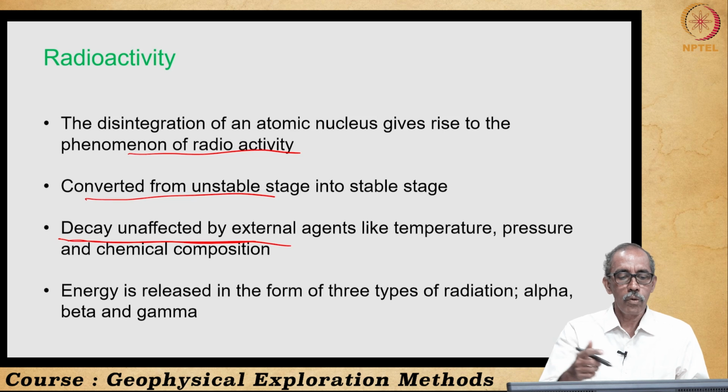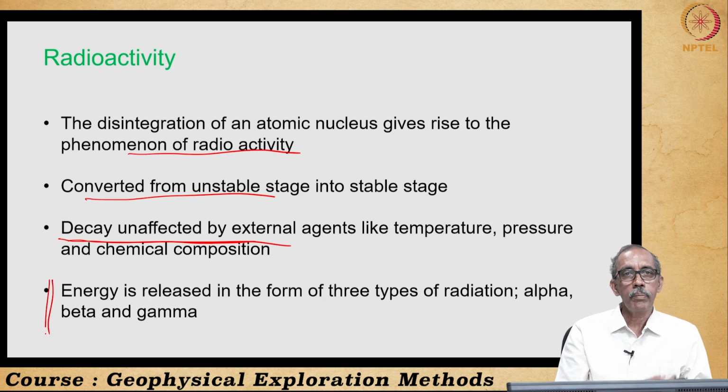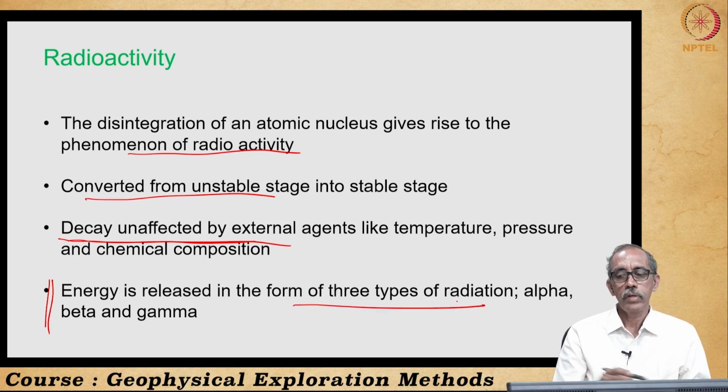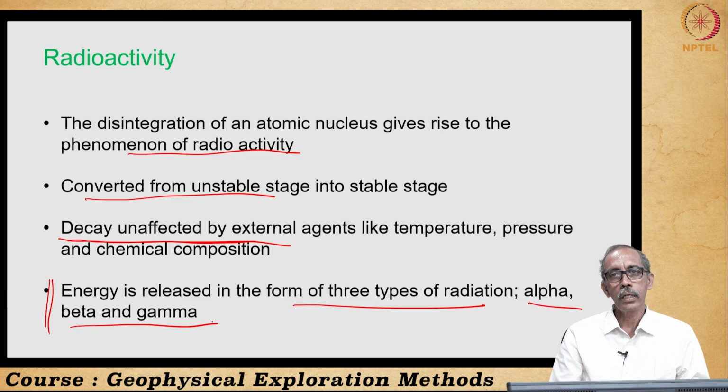That is another advantage. During the process of disintegration, energy is released in the form of three types of radiation, which is known as alpha, beta, gamma. Why are we looking into this basics? In radioactive methods, we are going to measure the energy that is released. That is what we have seen on the previous page.